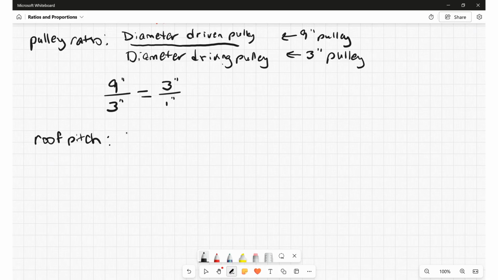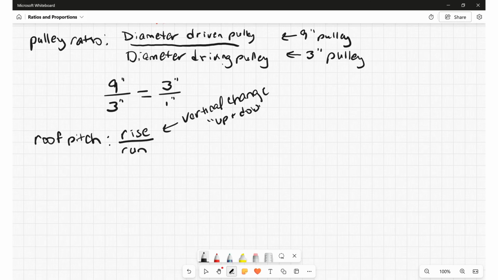And the roof pitch is how much does the roof rise compared to how long is the run. So our rise is what we call vertical change, or we could consider this up and down, because that's what vertical is.